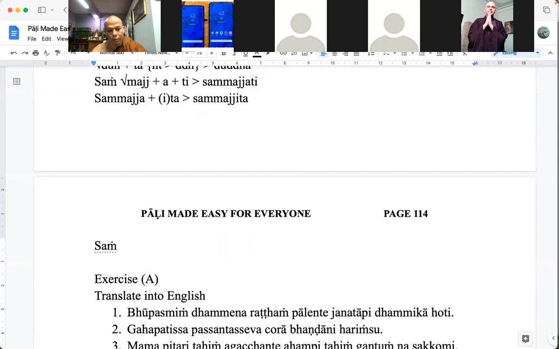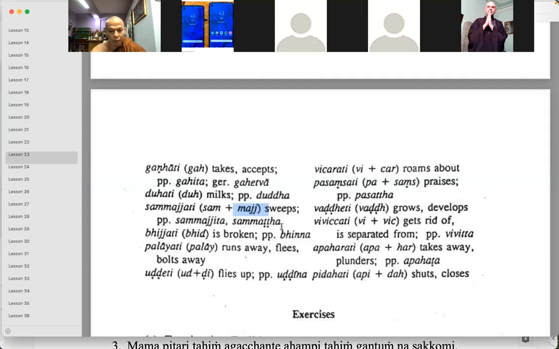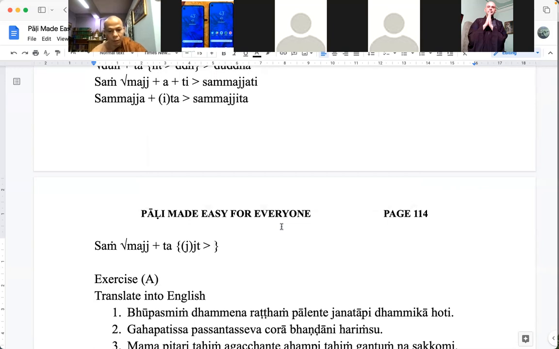So sammajjati, the root is mrj. Okay. And then the past participle ta. So here, mrjta. Actually, one of them is dropped. Here similar, one of the j is dropped. And then the remaining ta changes to tta or something, sammatta, right?